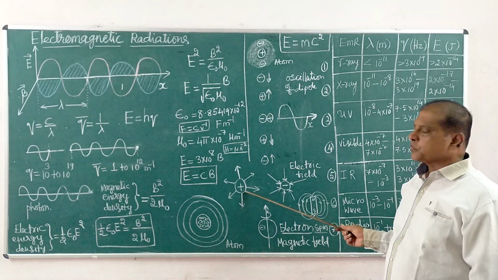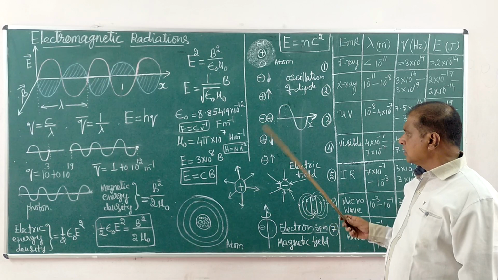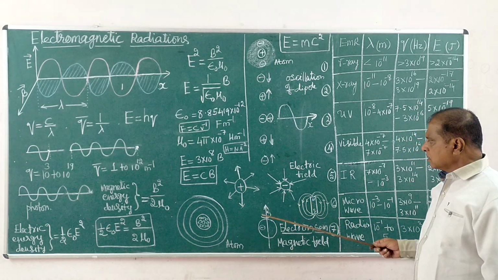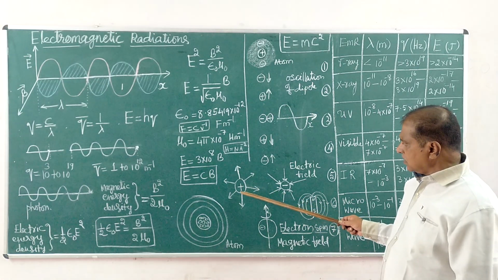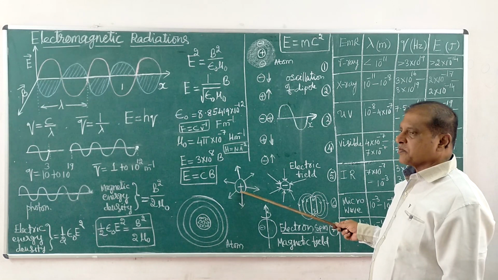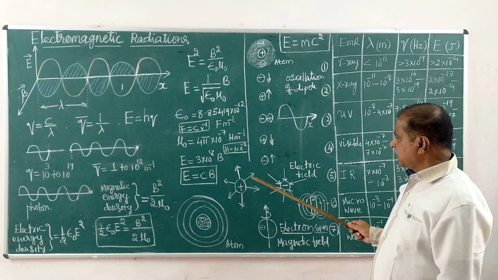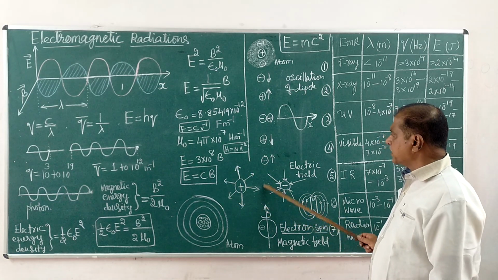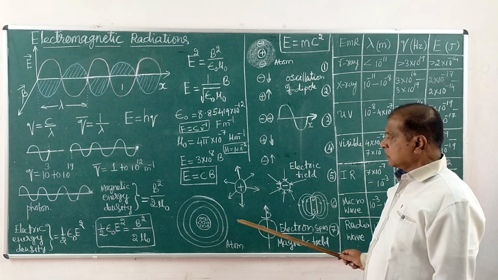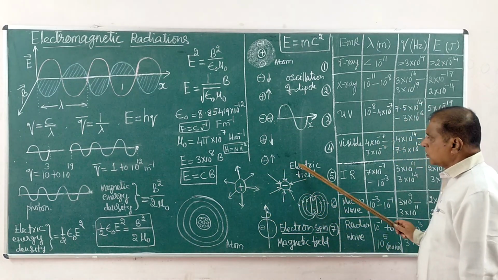If there is a positive charge, maybe of one or more protons, or a negative charge, maybe of one electron or many electrons, that is a charge at rest. There is always an electric field around it, an electric force, an electrostatic force around it.